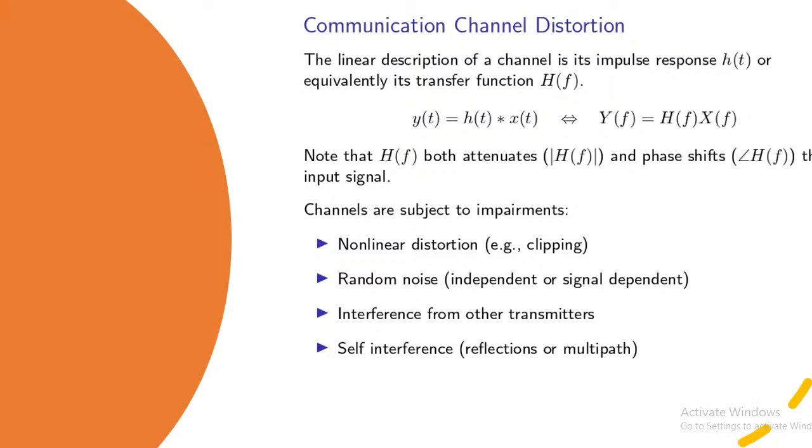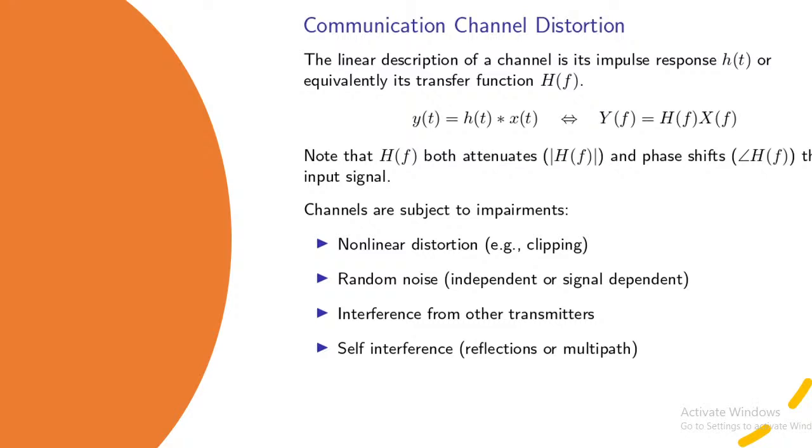Now suppose H(f) is attenuating both phase as well as amplitude. If both are attenuated, then the input signal will be highly distorted.